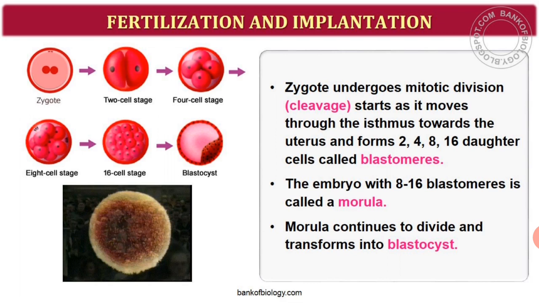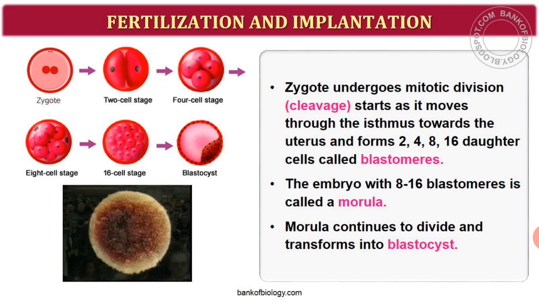Once after fertilization, do you think they will stay there only? No. After fertilization, from the tube they have to move towards the uterus, and during its journey towards the uterus, this fertilized structure, the zygote, will start dividing, that is, it will undergo cleavage by mitotic division.